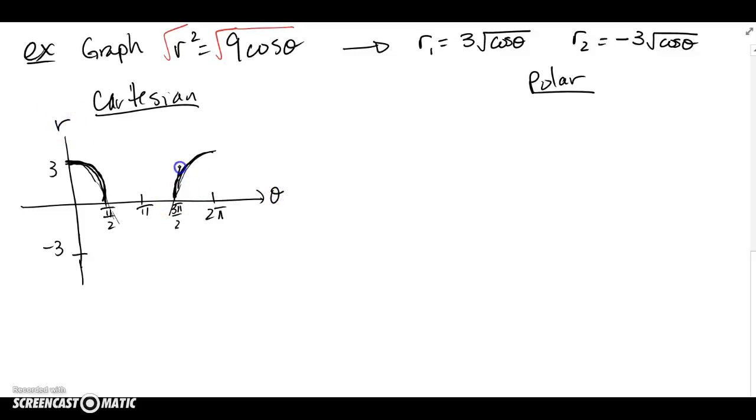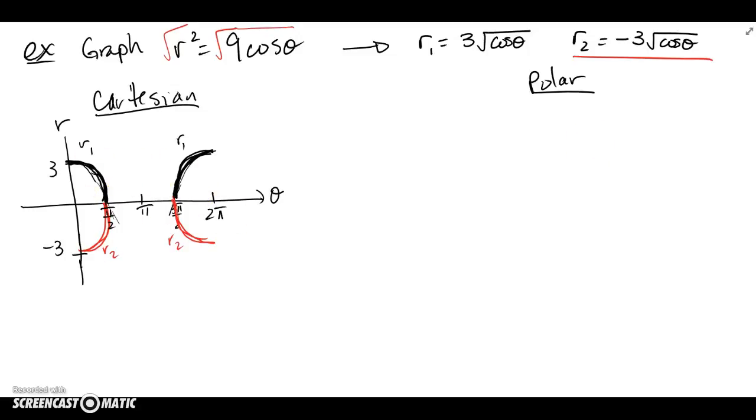So those, let's say something like that, is my R1. Contributed that. And then my R2 is just the reflection of that about the x-axis. So my R2 will be those guys, and we'll just see what happens and how things develop from these 4 pieces into the polar form.